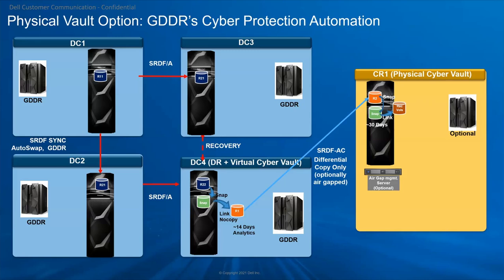We do have some deployments now where a physically separate vault that is also air-gapped from a connectivity point of view is being required. So our cyber protection automation solution, as a feature of GDDR, works with ZDP to create point-in-time copies in a virtual vault and also in a physical vault. So this is another deployment option for ZDP.